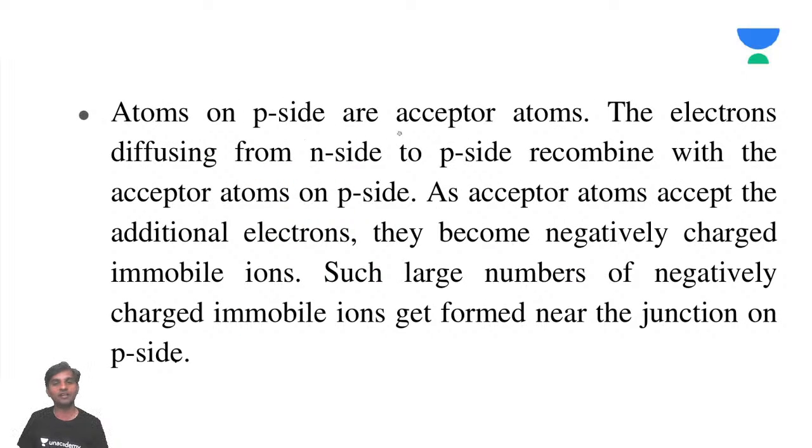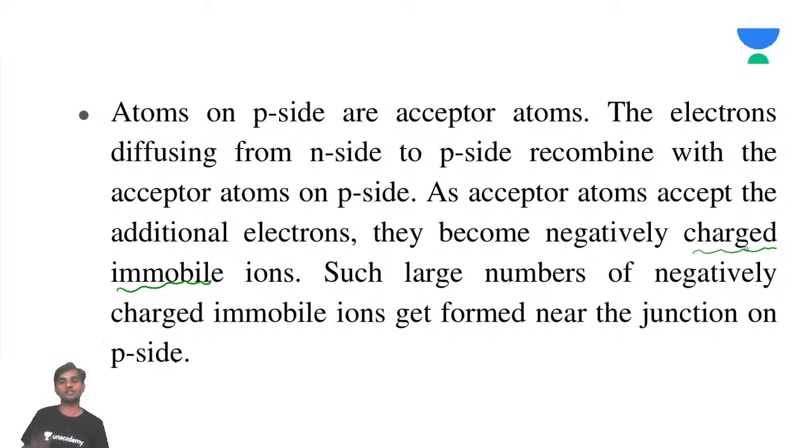Atoms on the p side are acceptor atoms. The electrons diffusing from the N side to the p side recombine with the acceptor atoms on the p side. As acceptor atoms accept the additional electrons, they become negatively charged immobile ions.